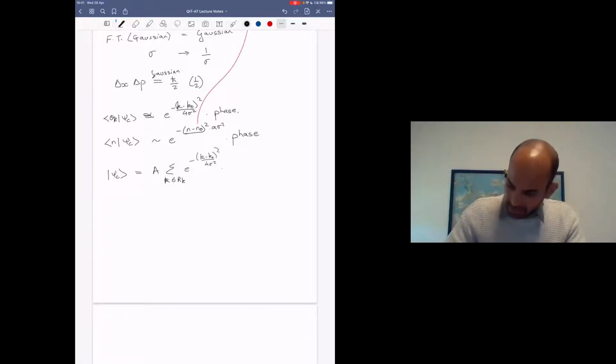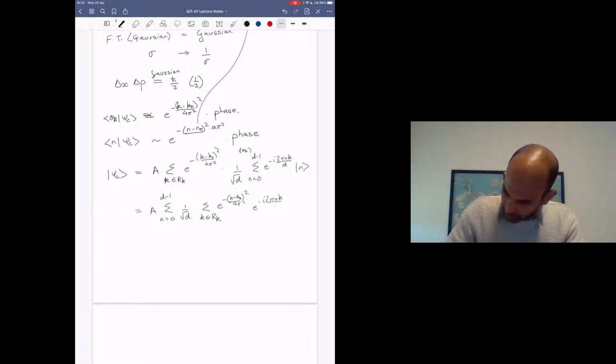And then I have theta k, which I will now represent in full by what it is. It's the discrete Fourier transform of the energies, e to the minus I 2 pi n k over d. And so this becomes the sum n is equal to 0 to d minus 1 over square root of d, and then we have this inside: k belonging to the range RK, e to the minus k minus k naught squared over 4 sigma squared, e to the minus I 2 pi n k over d.